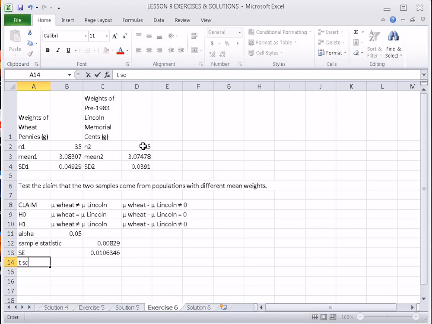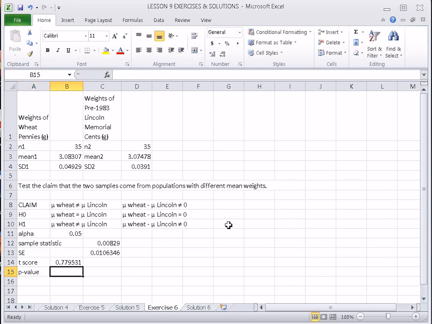Now the t-score will be the difference between the sample statistic and this assumed parameter, which is 0, divided by the standard error. So there's our t-score that we're going to use to find the p-value.